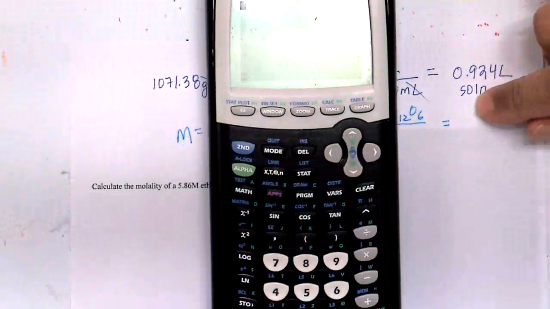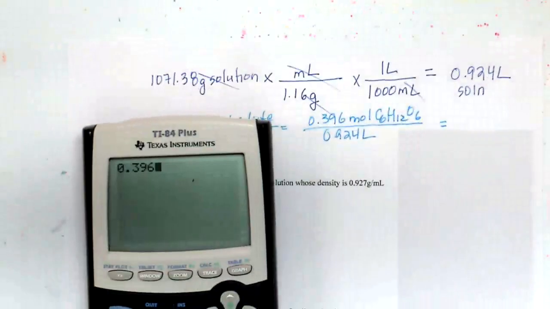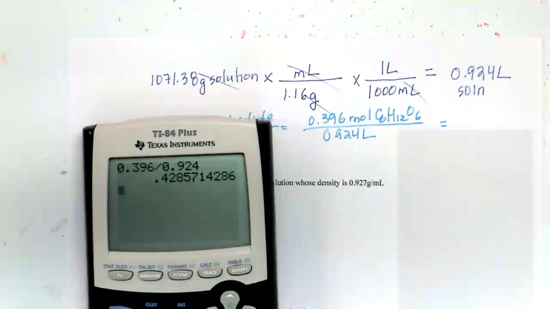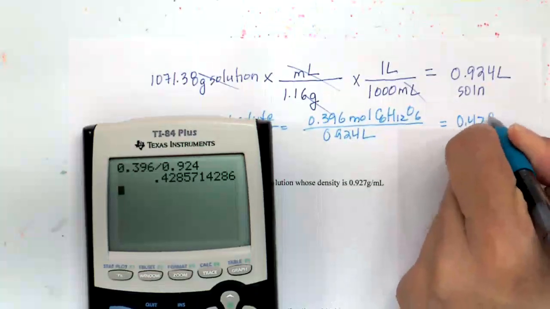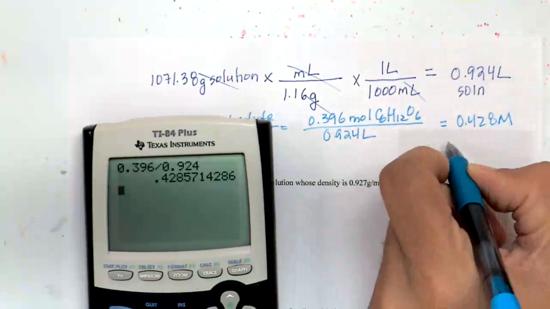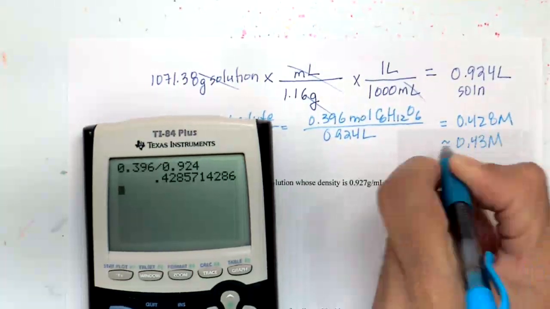And what is this on our calculator? 0.43 lowercase m. I'm sorry, big M. 0.428 big M. You can even go 0.43 big M.